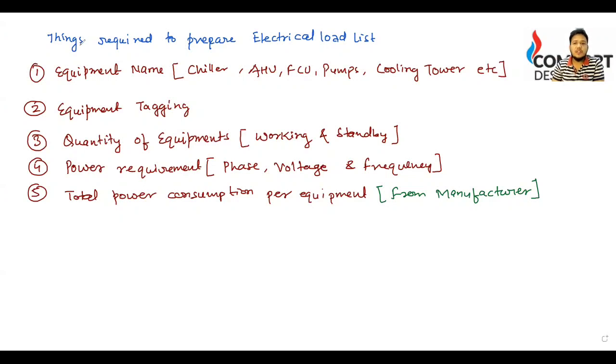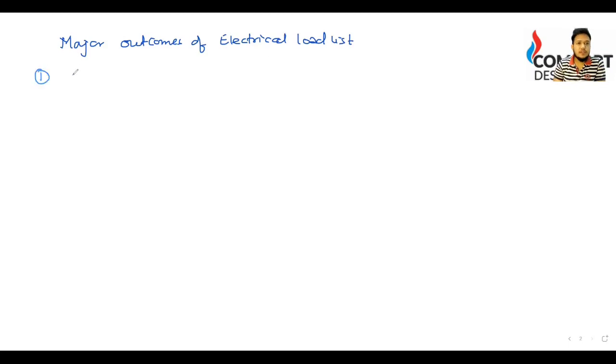Now, what are the major outcomes of the electrical load list? Number one is the total power for the HVAC equipments.